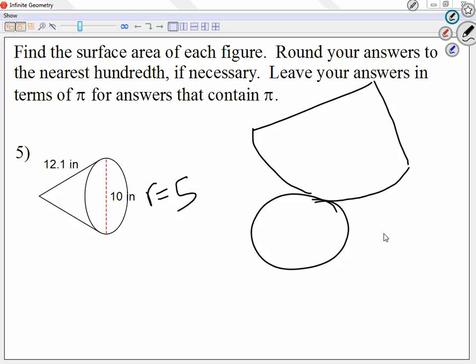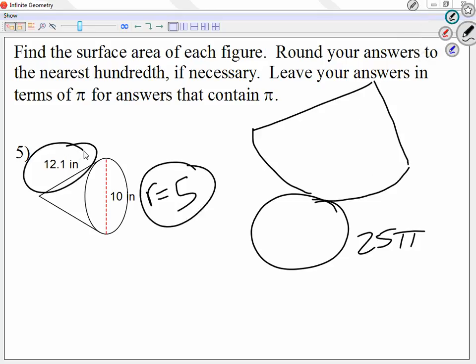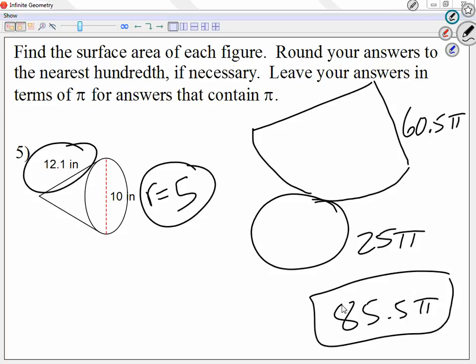The radius is 5, so the circle I'm going to call 25 pi. 5 times 5. For the other side, I'm going to multiply radius times the lateral height. So 5 times 12.1, and that gives me 60.5 pi. Add everything, and you get 85.5 pi.